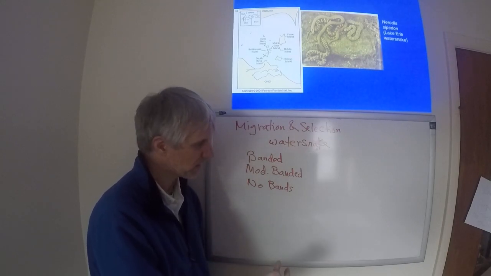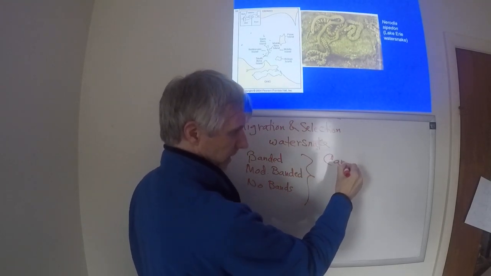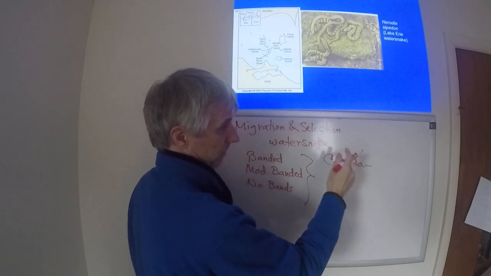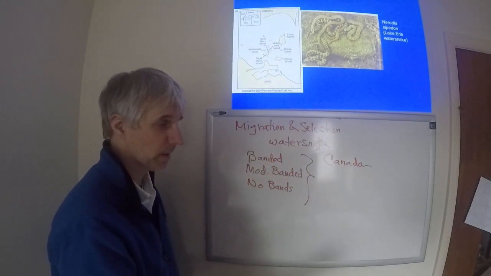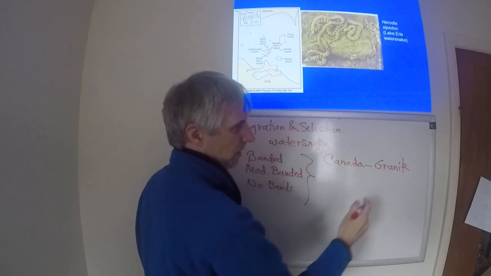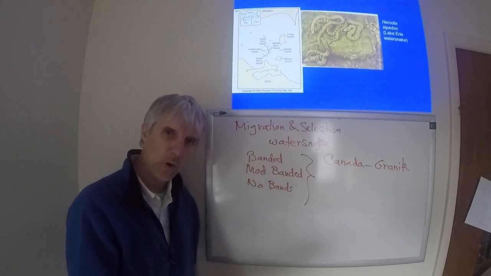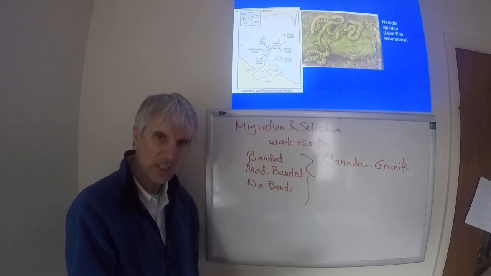Now, where these snakes exist with their different banding patterns, in Canada, specifically Ontario, the bedrock material is granite. Granite's very splotchy. Think grays, browns, whites, splotchy.